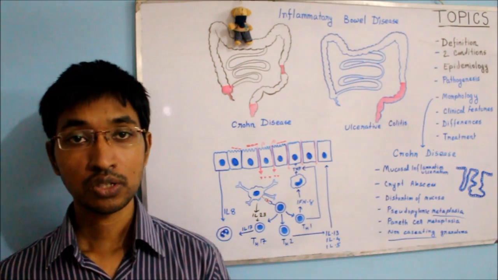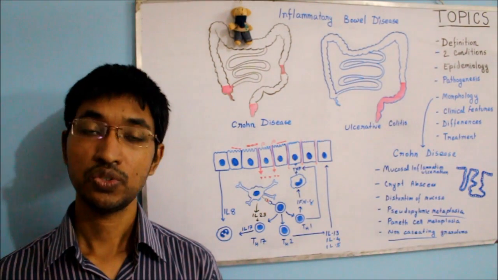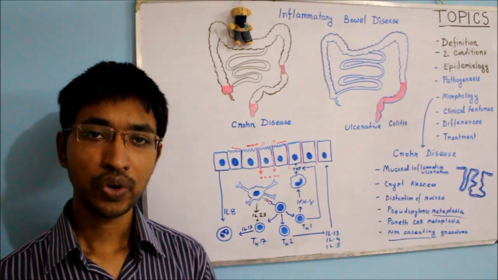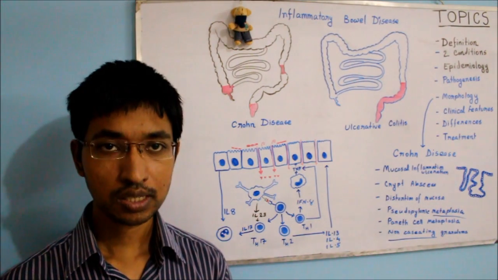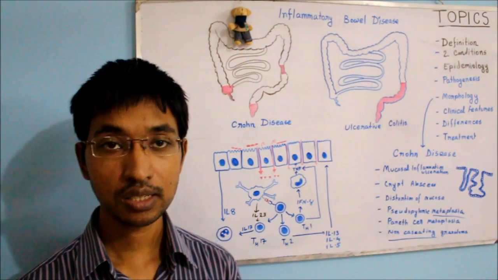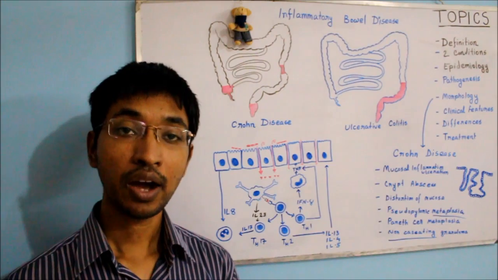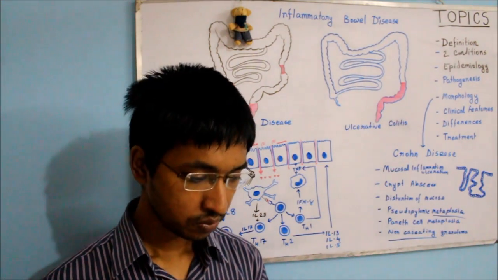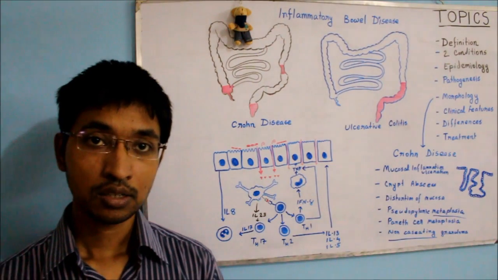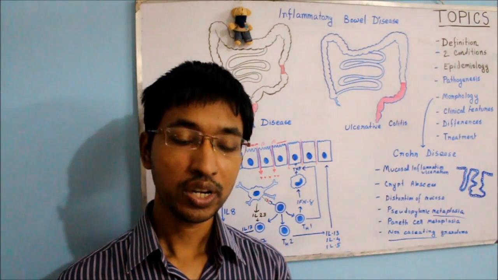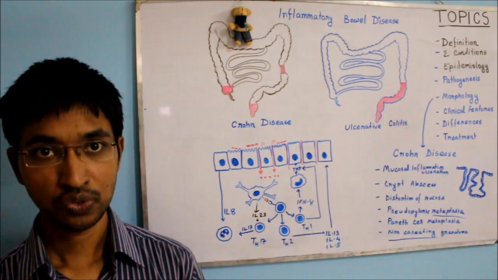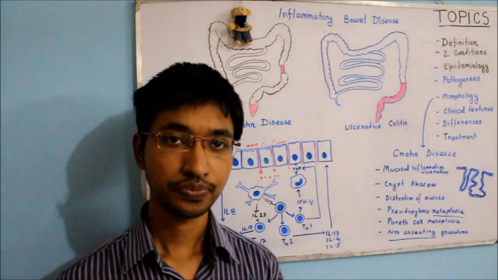Extra-intestinal manifestations are also seen in ulcerative colitis patients, and they will include migratory polyarthritis, sacroileitis, ankylosing spondylitis, uveitis, primary sclerosing cholangitis, and skin lesions. And risk of colonic adenocarcinoma is also present in ulcerative colitis patients as well.